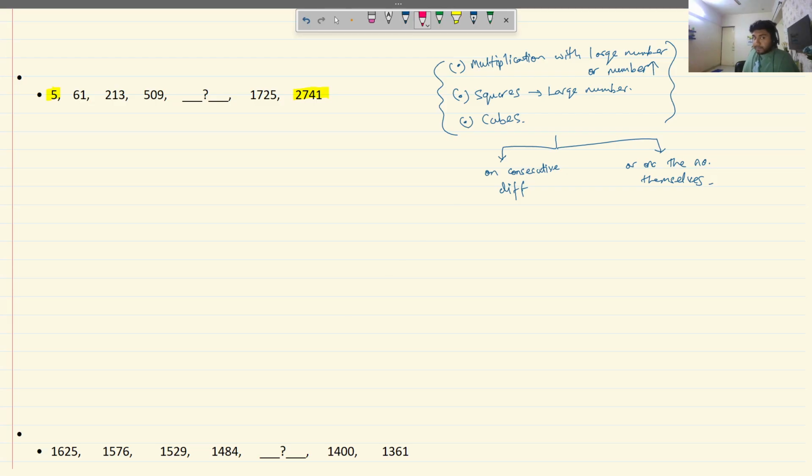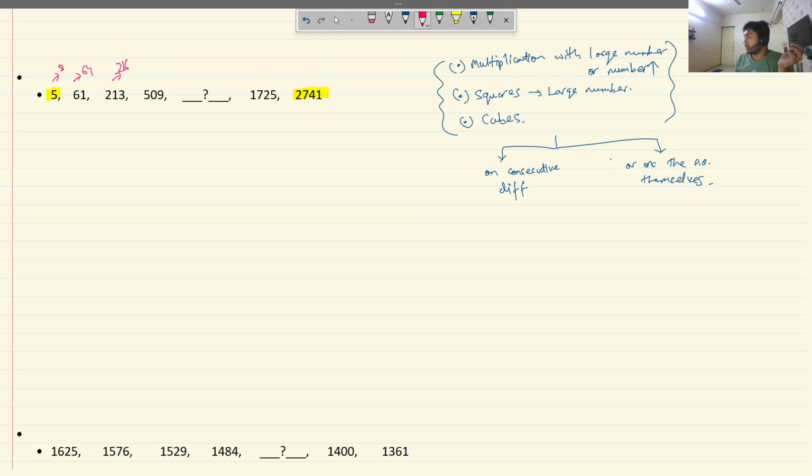So for example, I can see that the cube closest to 61 is 64. The cube closest to 213 is 216. The cube closest to 5 is 8. So my perfect cubes are quite close to the numbers themselves that are given to us.